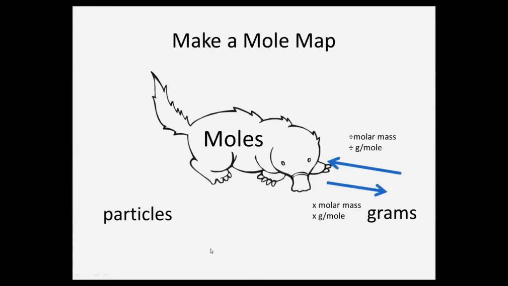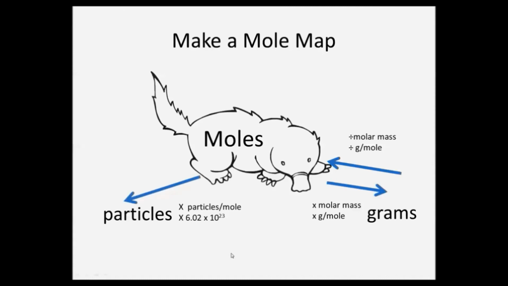Now, on the lower left-hand side, you're going to write particles. Particles could be atoms, molecules, formula units, dogs, cats, anything that you're counting. To go from moles to particles, draw an arrow.